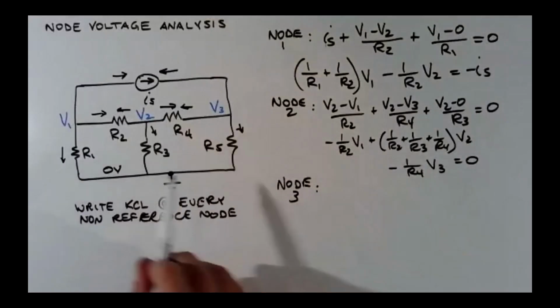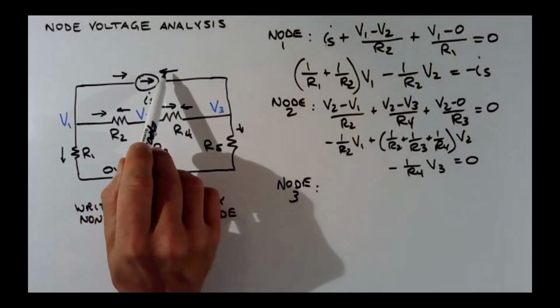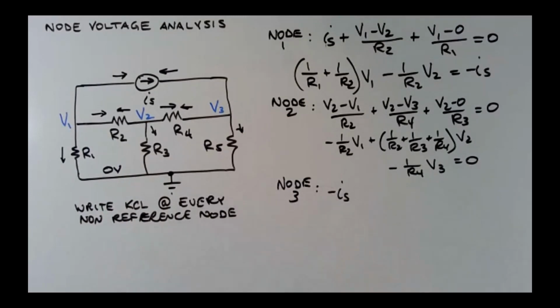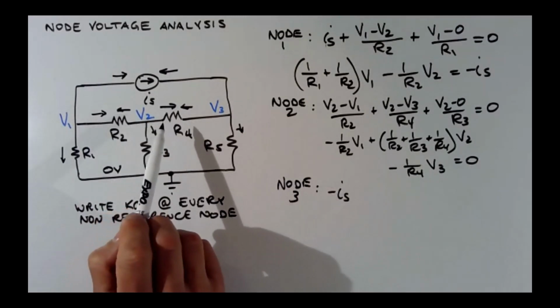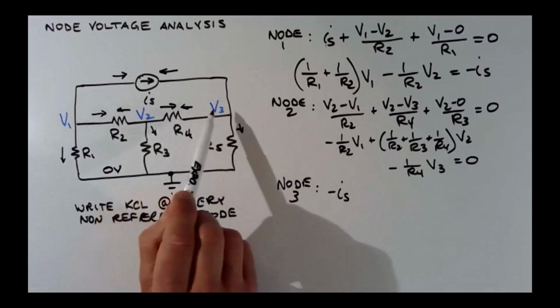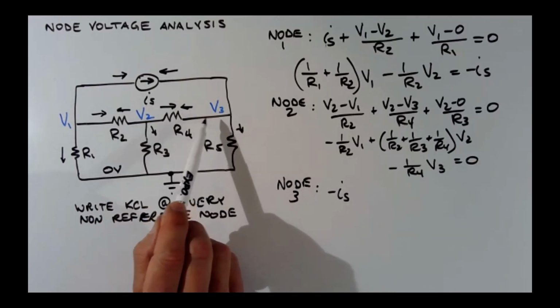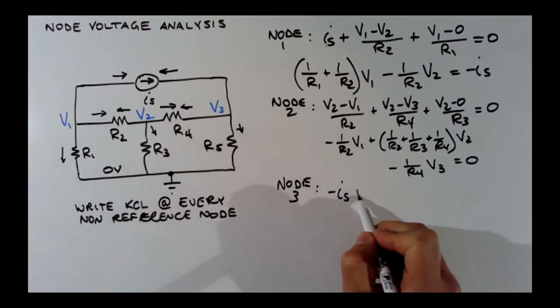Okay, so leaving through the top branch is negative IS, right? And then, let's see, leaving from V3 to V2 through R4 is V3 minus V2 over R4.